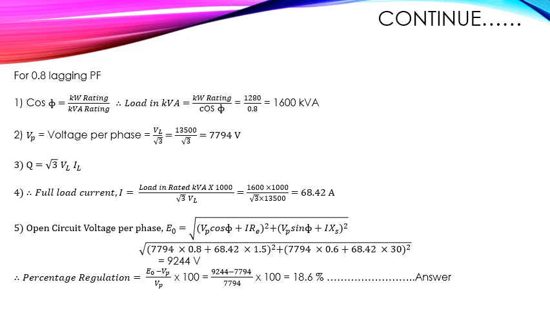Then again Vp 7794, sin phi as 0.6, then I 68.42 and XS is 30 ohm per phase, and take the square of the terms, and then open circuit voltage per phase is 9244 volts. So put the value of that in the percentage regulation equation, that is E naught minus Vp by Vp into 100. Then we get the regulation as 18.6%, and that is positive because it is calculated for 0.8 lagging power factor.